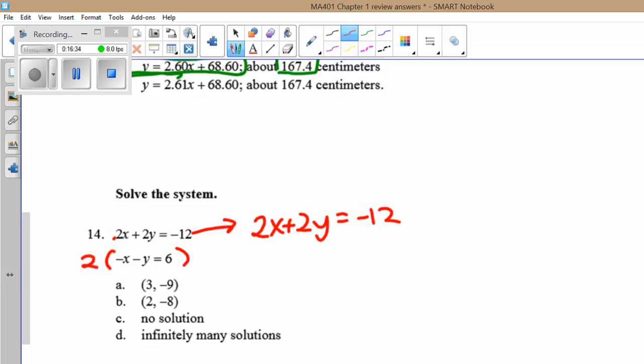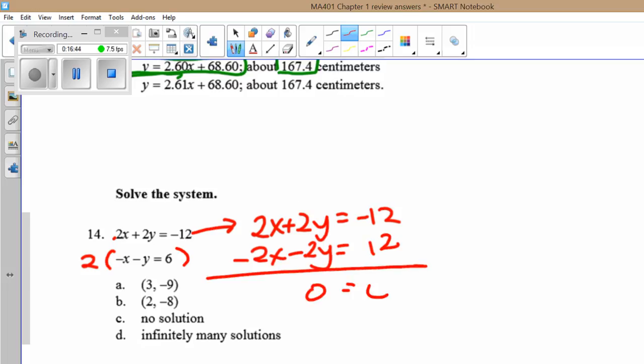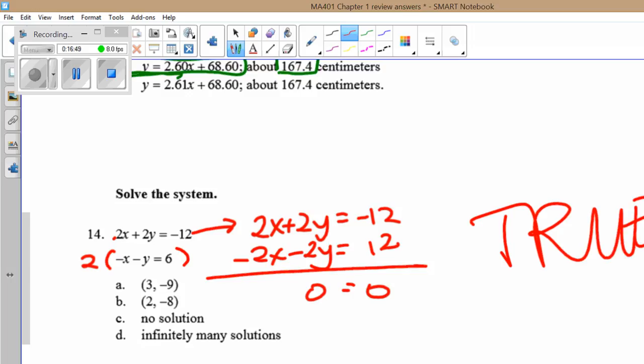That's just that first one. Then this one multiplied by 2 is negative 2x minus 2y equals 12. And when I add my lines, I get 0 equals 0, which is true. So true ones have infinitely many solutions, and we are done already.